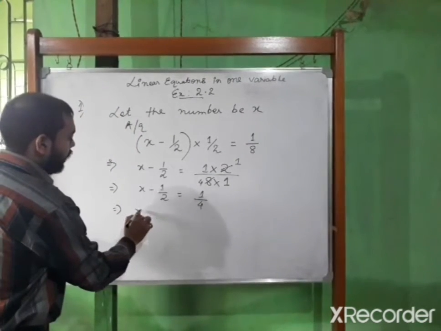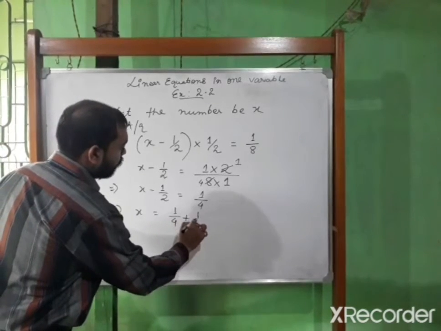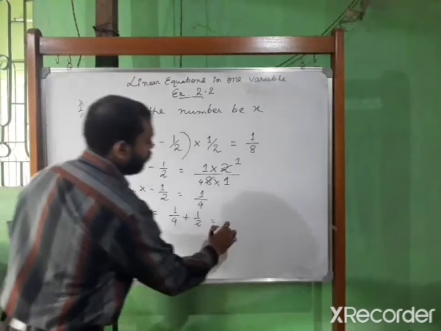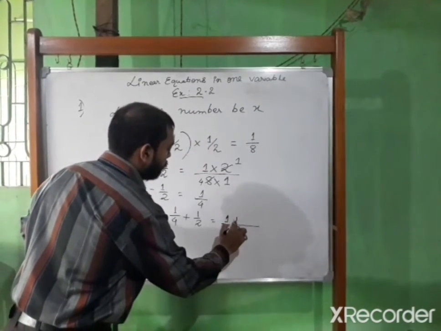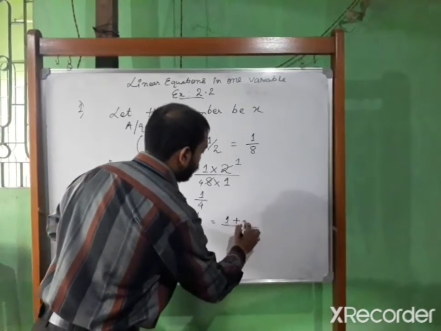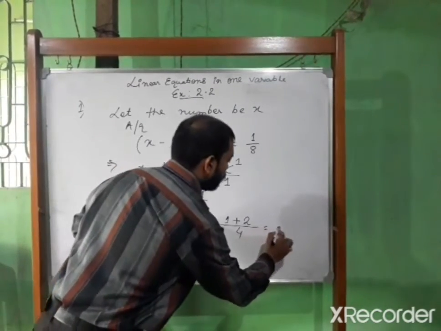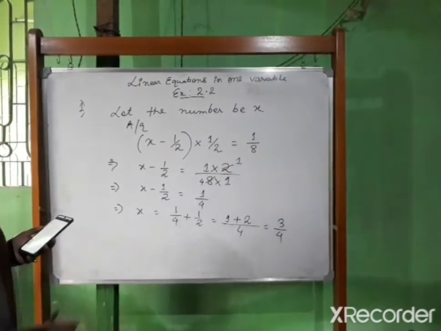Therefore x is equal to 1 by 4 plus half. Now 4 and 2, LCM is 4. So it will be 1 plus 2, so it will be 3 by 4. Therefore the value of x is 3 by 4.